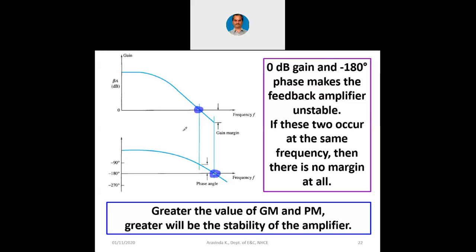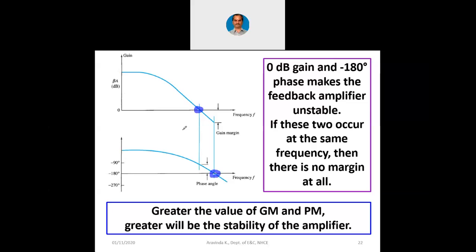Amplifier may not produce good gain, it may not produce good phase shift at the higher frequencies, but that doesn't matter. At least the amplifier is not becoming a harmful amplifier. Means amplifier is not going to produce harmful sounds there. Otherwise, the amplifier itself is going to produce a sound, means input sound will not be amplified at all at the output. So that way we can say the amplifier is at least harmless at higher frequencies.